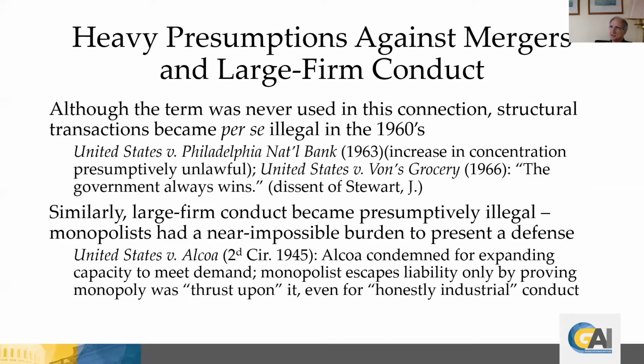The case was interrupted by the war, but after the war, this decision came down, and Alcoa was condemned for expanding capacity to meet demand. And the Alcoa case really stood for this very aggressive presumption against monopoly conduct. Really, if challenged, the monopolist could only show that the monopoly had been thrust upon it, even if its conduct had been entirely reasonable and ordinary.